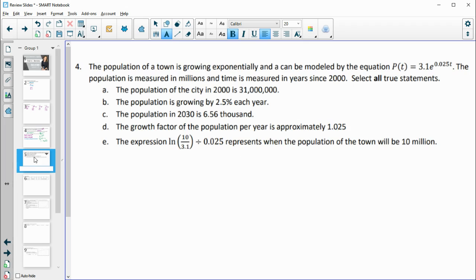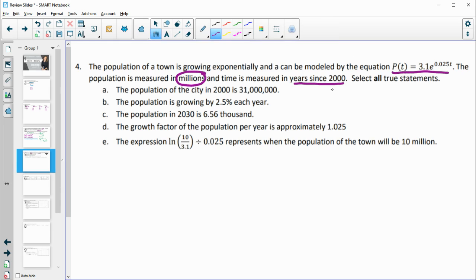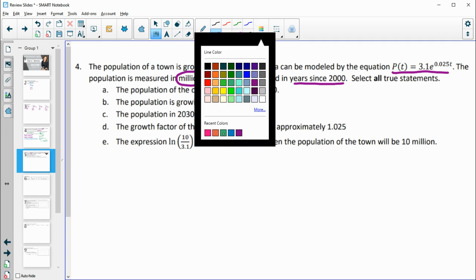Number 4, the population of a town is growing exponentially and can be modeled by this equation. The population is measured in millions and the time is measured in years since 2000. Select all true statements. So, A, the population of the city in 2000, so the initial population, is 31 million.